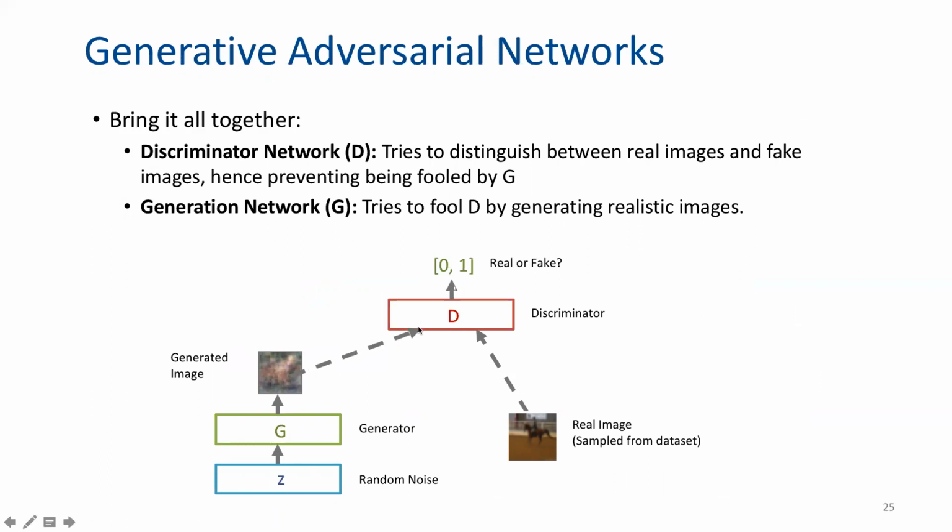Now, notice that if the generator is generating this image differentiably, in other words, if the image is the output of some deconvolutional stage of the generator, we can actually backpropagate a loss signal all the way from the output through the discriminator and through the generator. So everything's differentiable.